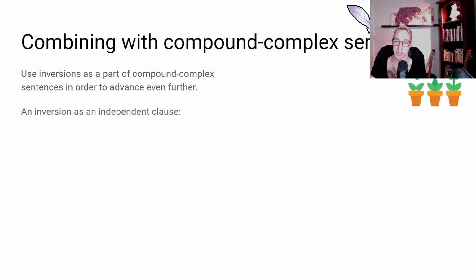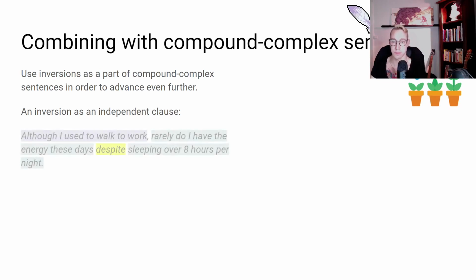Here we will see a case where I use an inversion as an independent clause, and I've color-coded them according to the way we've done it in the past, so it's going to look a little bit different. And here we can see the dependent clause at the beginning. It says, although I used to walk to work. And then here's the first independent one. Rarely do I have the energy these days. And then there's one of the fanboy alternatives, despite in this case. So, rarely do I have the energy these days despite sleeping over 8 hours per night.